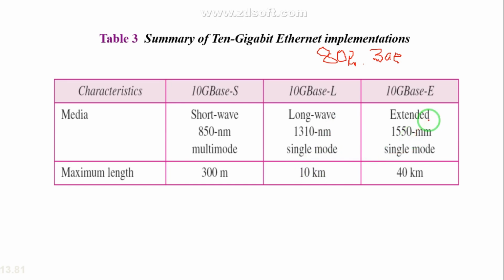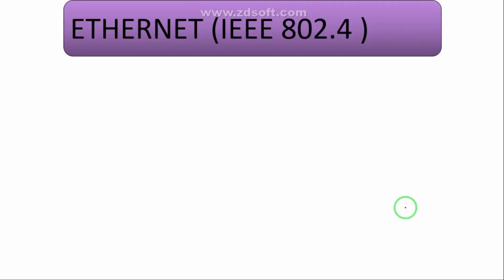Similarly, 10GBase-E is also for single mode, which has 1550 nanometer, and it is going to cover a distance of approximately 40 kilometer. And all these implementations use two wires.